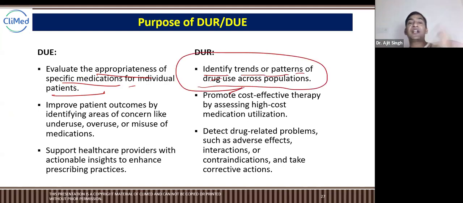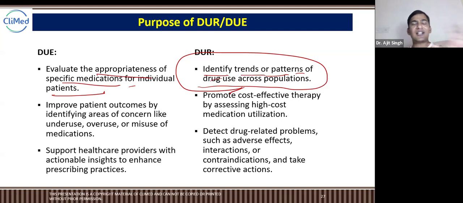As I told you, if they are taking ramipril, if they're taking beta blockers, if they're taking diuretics, that is drug utilization review. Okay, across the population, you need to check the trends or patterns. Pattern of drug utilization is drug utilization review. Okay, and if you're checking at the individual level for specific medications, like I want to check the utilization of beta blockers, or maybe the prils, the ACE inhibitors, like that.